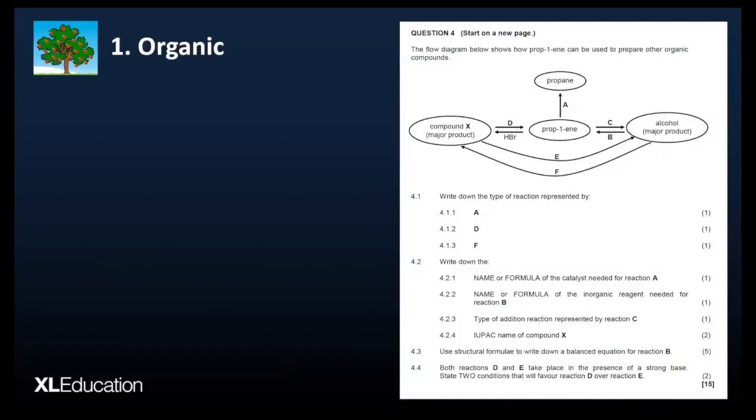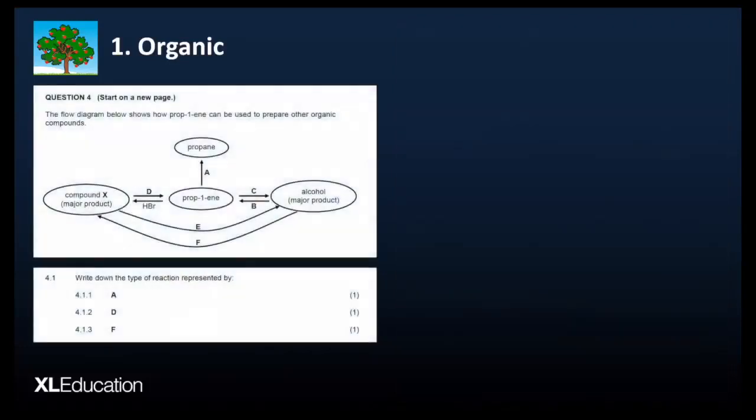Let's have a look on another part of the organic chemistry section, which is this one. Right, guys, basically what you have to know is, given a flow diagram, talk to the flow diagram, unpack everything that is there, then you analyze the diagram thoroughly so that when you get into the questions, you have cleared all the obstacles in front of you.